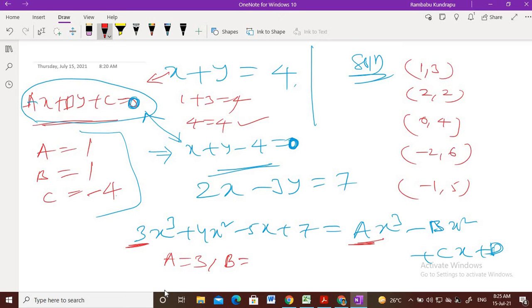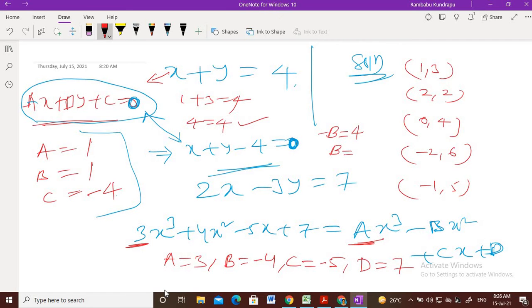Here the x square coefficient is b. In the RHS side, the x square coefficient is b. In the LHS side, the x square coefficient is minus 4. So what is the value of b? Minus 4. Very good. And c? Minus 5. Very good. D is equal to 7.